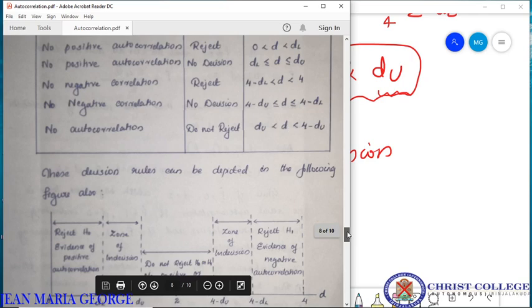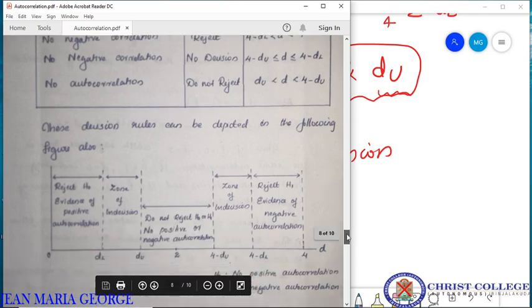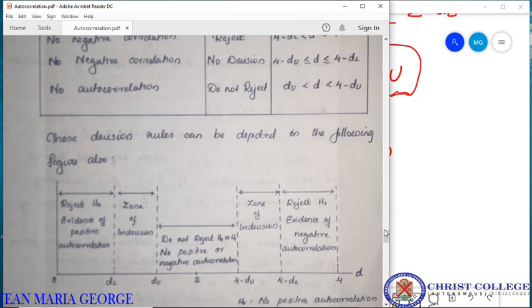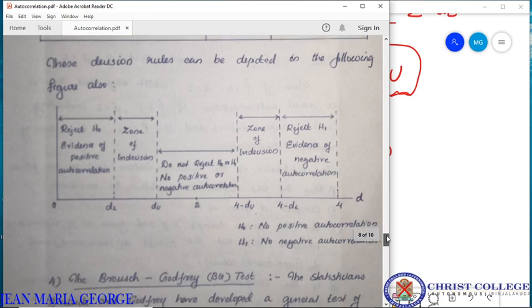For a little easier understanding, we can express this in a figure. Look, this is the minimum point. This is the upper limit, for 0 and 4. So we know D will lie between these 2 values, anywhere in between.